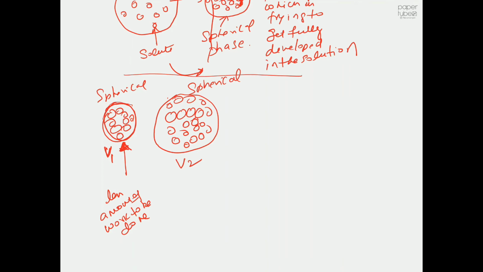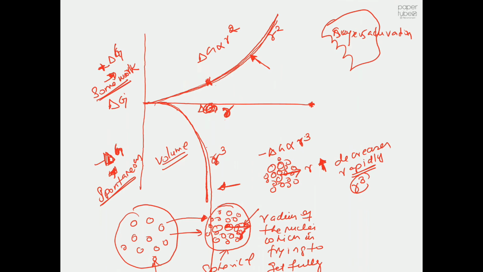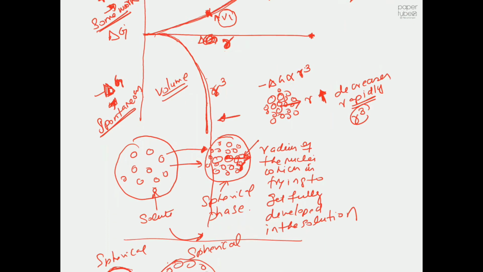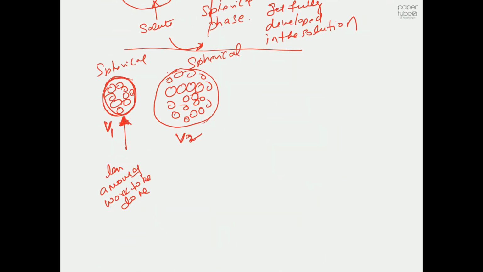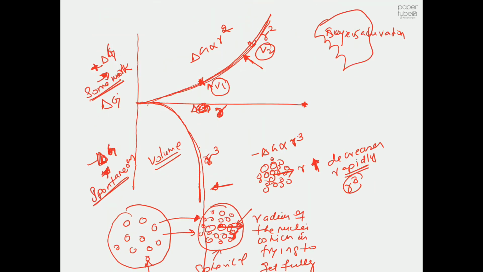To build a surface around this small volume, say V1, somewhere V2 here, we need to spend a small amount of work. But if we need to build a surface on a bigger volume of molecules that already assembled in the solution, we have to spend an even greater amount of work. Yeah? So that's the meaning of this curve.